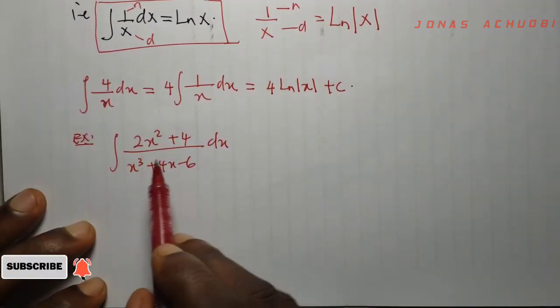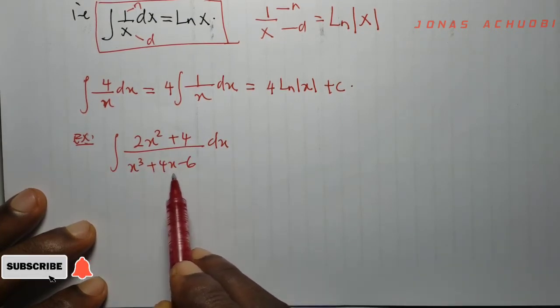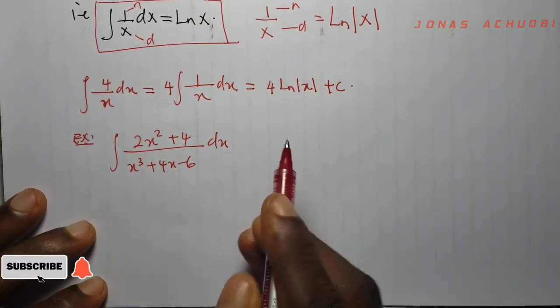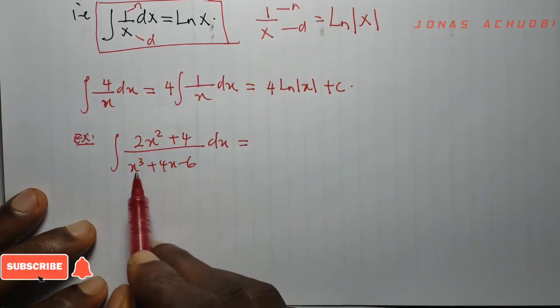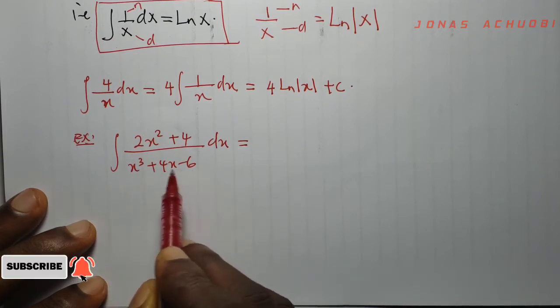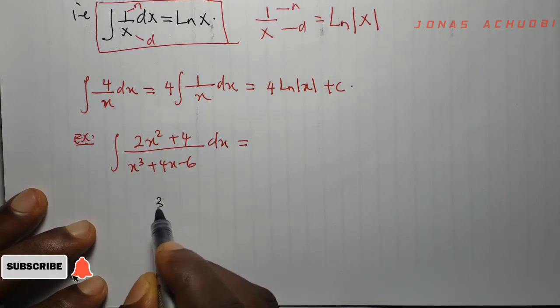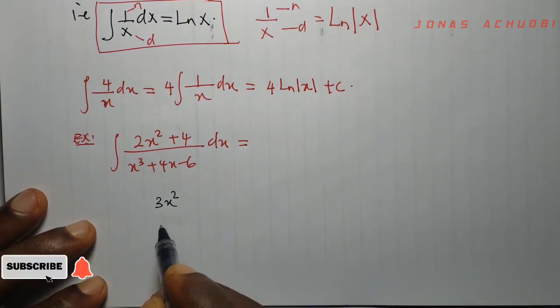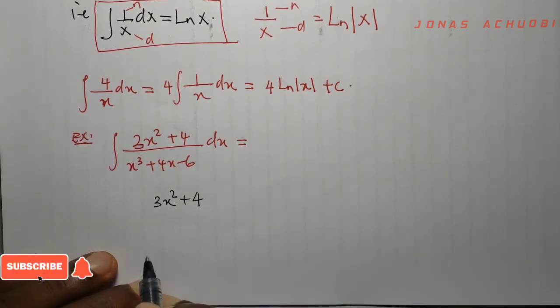Now we're asked to integrate 2x squared plus 4 divided by x cubed plus 4x minus 6 with respect to x. Now let us see if this trick will work here. The denominator is x cubed plus 4x minus 6. If we differentiate this denominator, what do we get? Differentiate this, you get 3x squared plus 4.